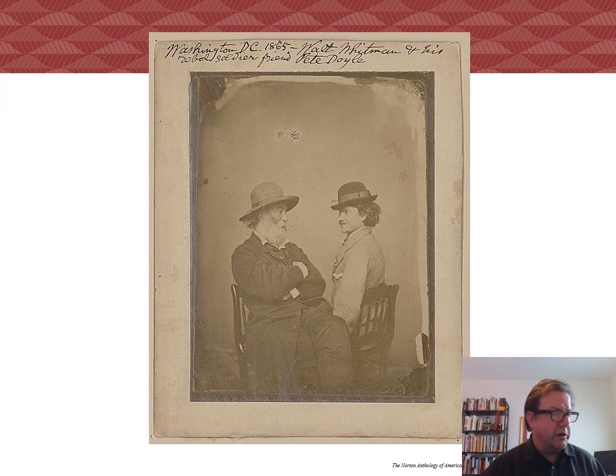One thing that's really important to remember, and we'll come back to this, is the level of fatality surrounding the Civil War, with at least 600,000 people dying, and the medical care that was involved in that, because there were survivors as well, and there was medical care that was available. And as I said, Whitman served as a nurse. So one of his poems that we'll look at has to do with that as well, The Wound Dresser.